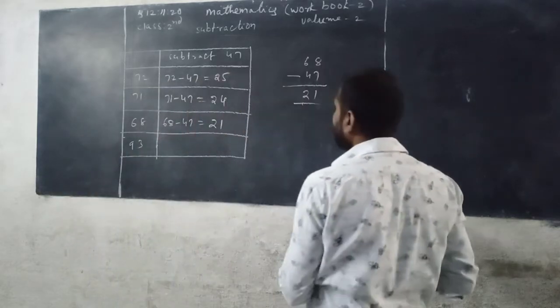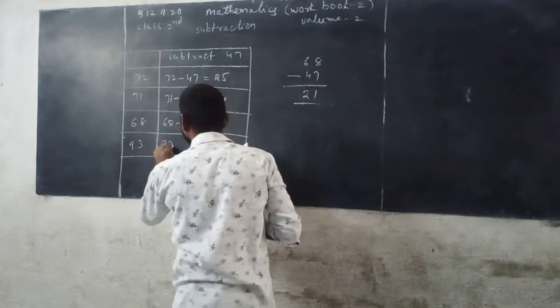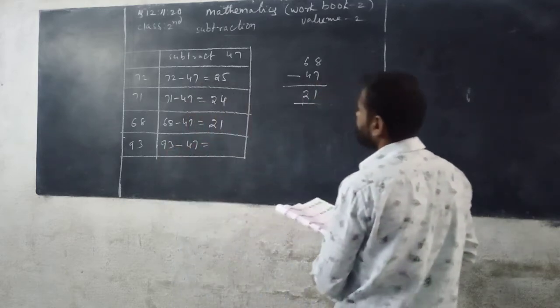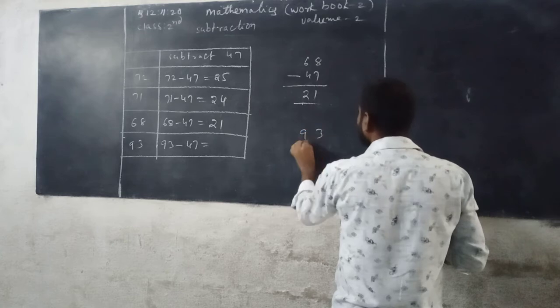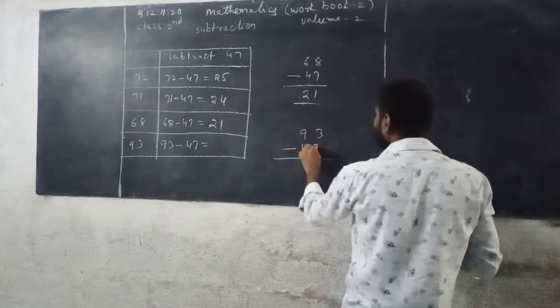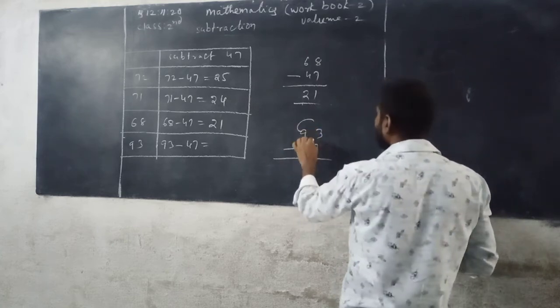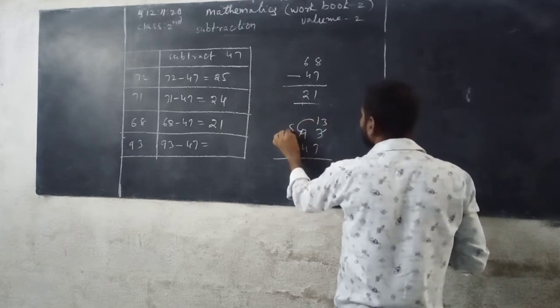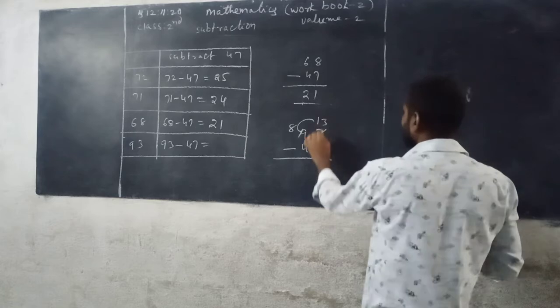Next one is 93 minus 47. 93 minus 47. 3 minus 7, not possible. Take borrowing from 9. You can use 10. 10 is added to 3. 10 plus 3, 13. 9 loses 1, 9 becomes 8. 13 minus 7.